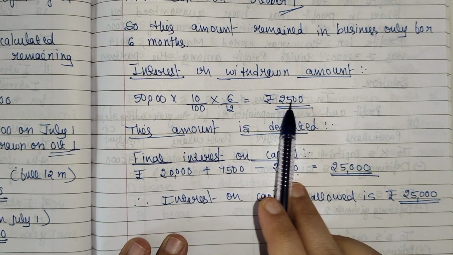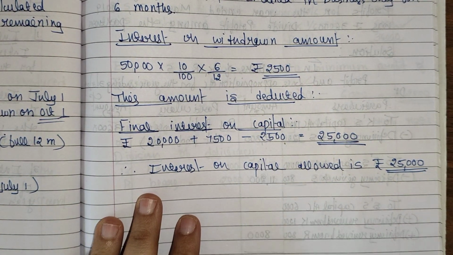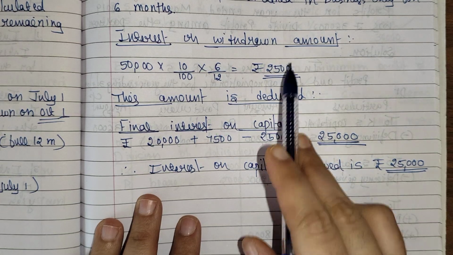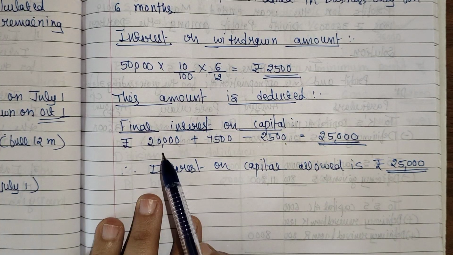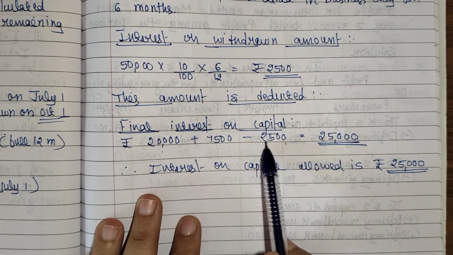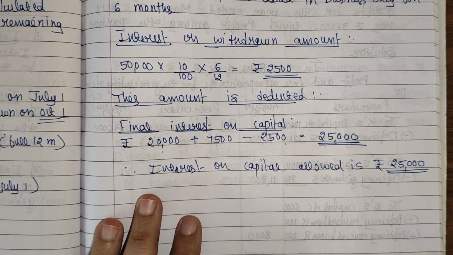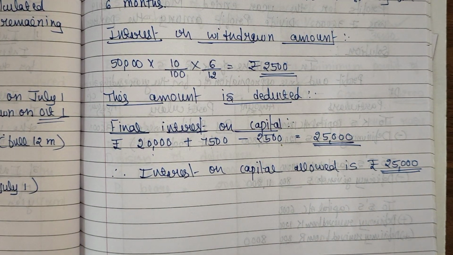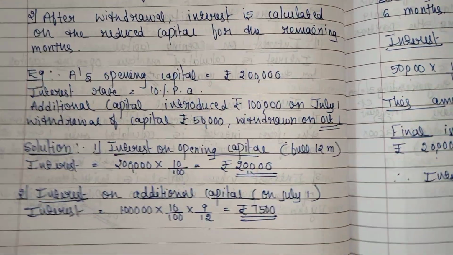So this amount, rupees 2,500, we need to deduct in case of withdrawal of capital. Clear? So total final interest on capital, how much? 20,000 plus 7,500 minus 2,500 equals 25,000. Clear? So the final interest on capital allowed is rupees 25,000. In this way we need to calculate the interest on capital.